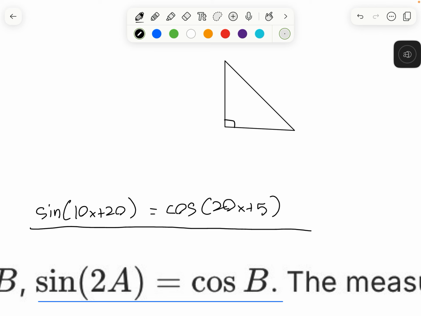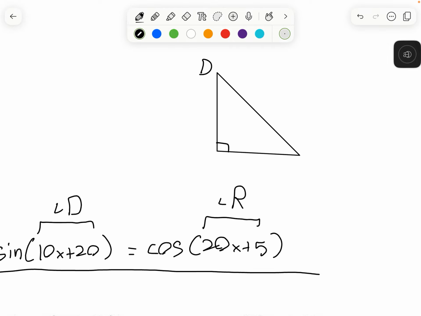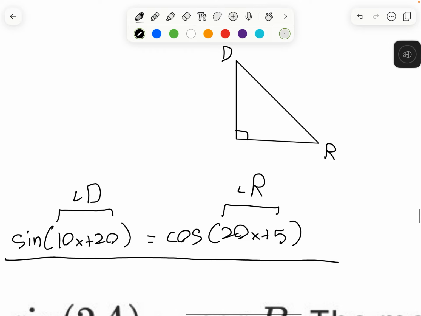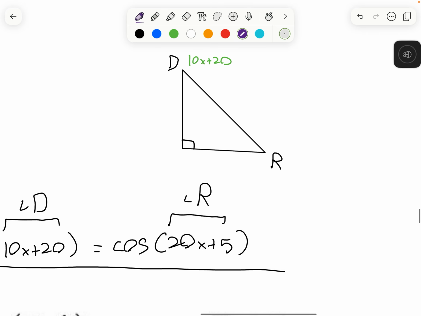Let's call 10x plus 20 angle D, and this one angle R. So we have D and R. We know that the measure of angle D is 10x plus 20. This is 20x plus 5.